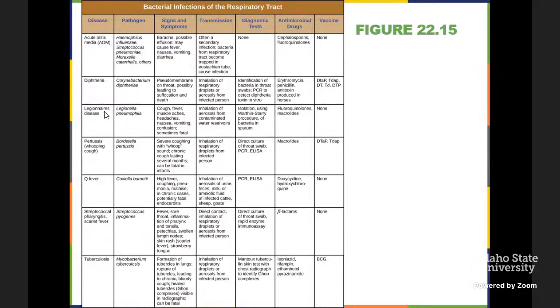it like we want. So the diphtheria, that pseudomembrane, Corynebacterium diphtheriae, it can cause some serious issues and maybe even lead to suffocation as a result of that. Legionnaire's disease, Legionella pneumophila, we saw the littlest hint of that previously.